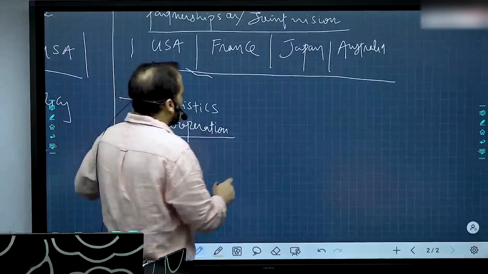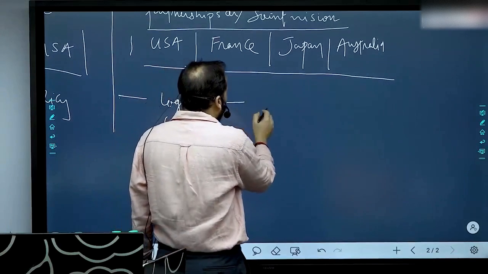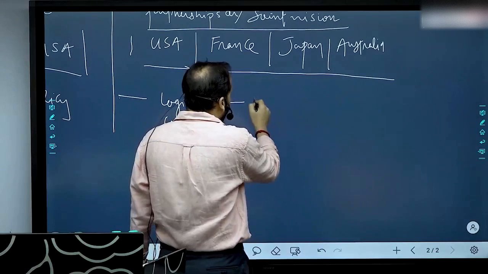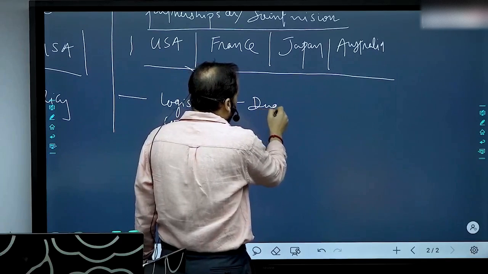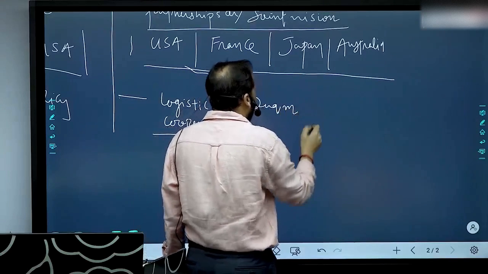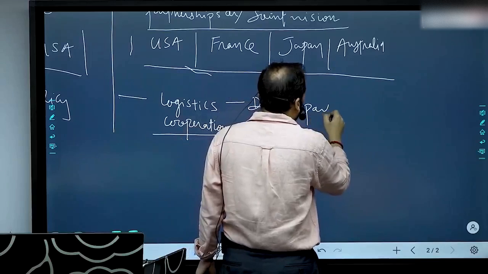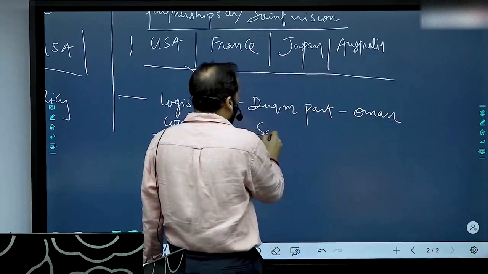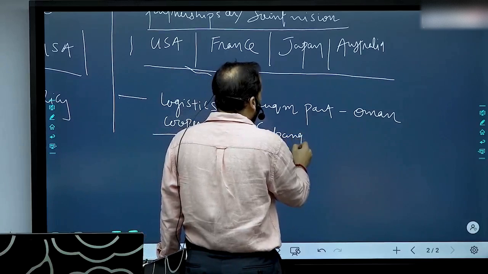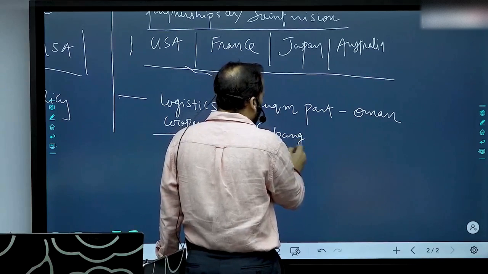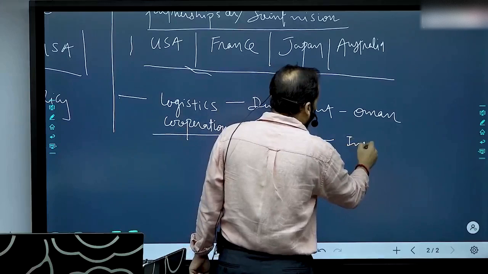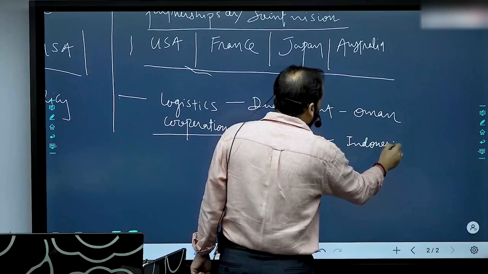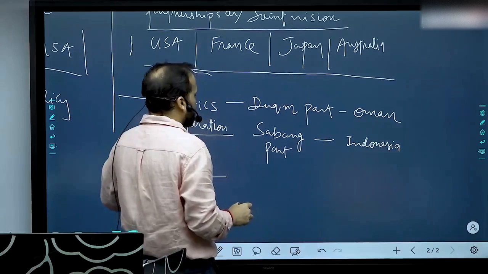So this is where you will find, I have given you already the examples when we were talking about China, right? Duqm port in Oman. Similarly, we have Sabang port, Indonesia, right? These are some of the locations.